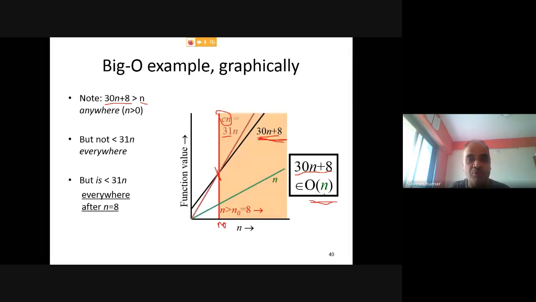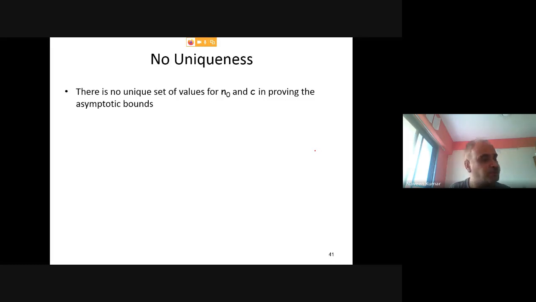It means big O of n is a common approximation function for many such fn functions. So this one belongs to the order of n set. Okay, let's move further.